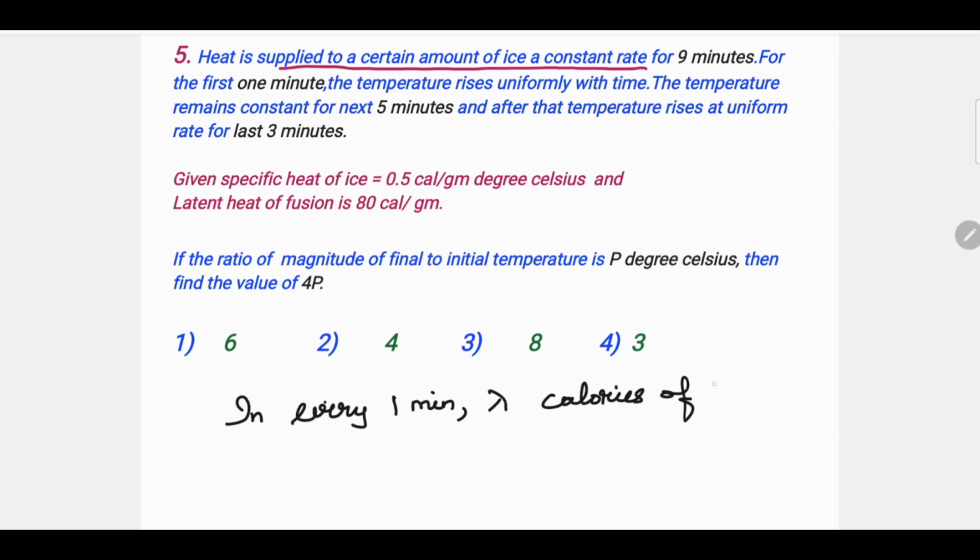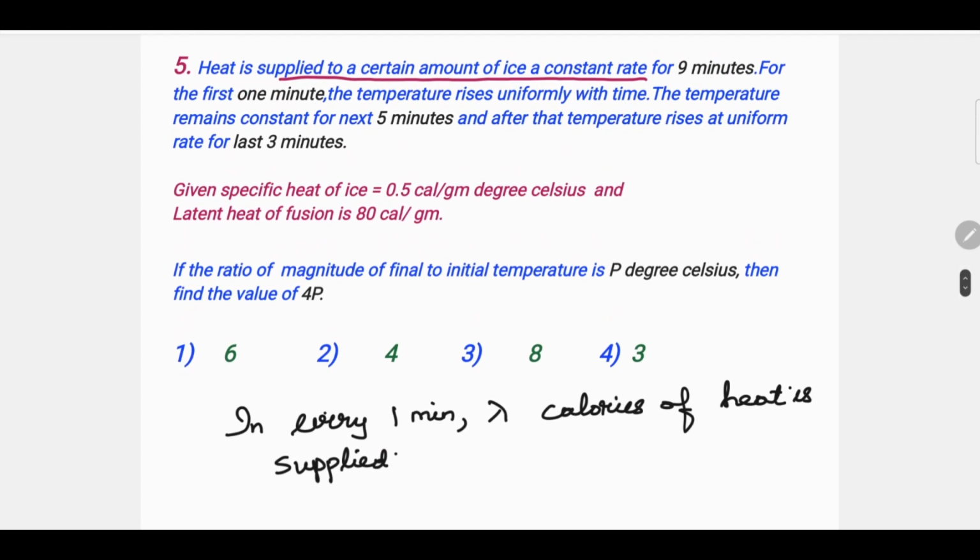Constant rate. In the question, the word is given like that, constant rate. So in every 1 minute, lambda calories of heat is supplied.